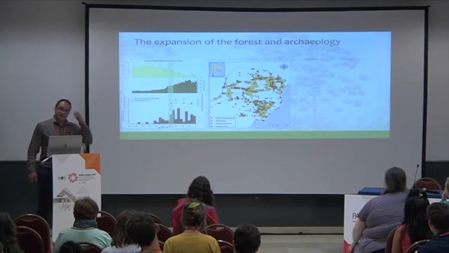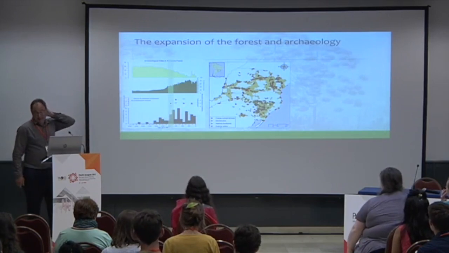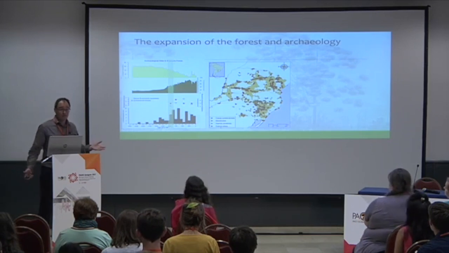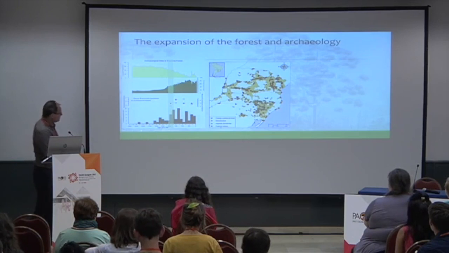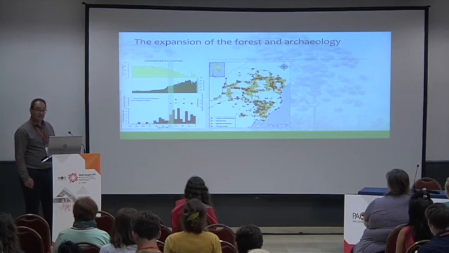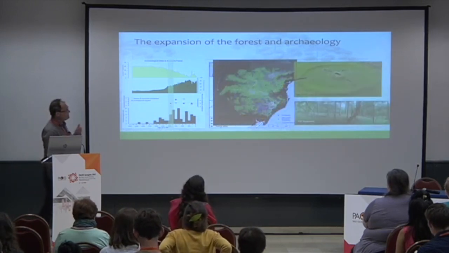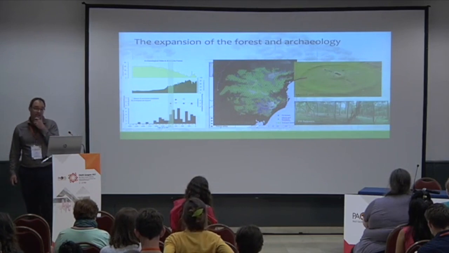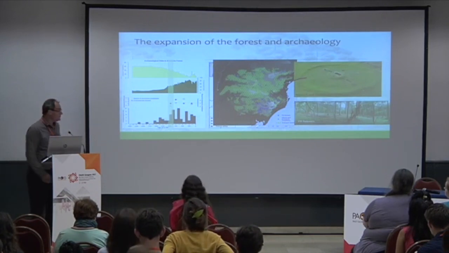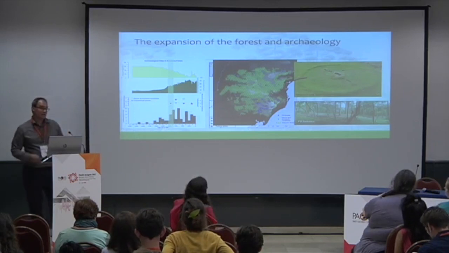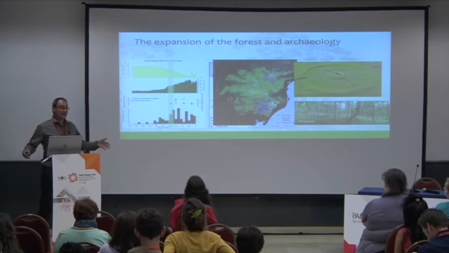This expansion of the Araucaria forest takes place in a period that we archaeologists call transformational periods, and 1,000 years ago is when we see a major increase in Southern Jê sites. Also very interesting, 1,000 years ago we see the arrival of monumental architecture: the appearance of mound and enclosure complexes, and oversized pit houses.